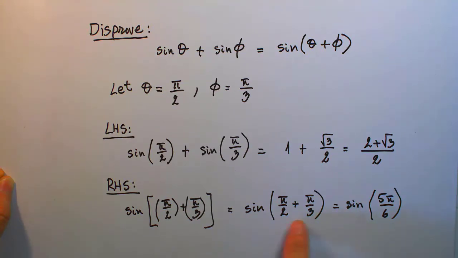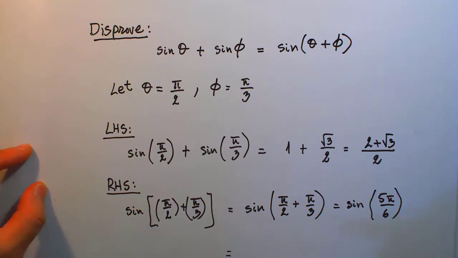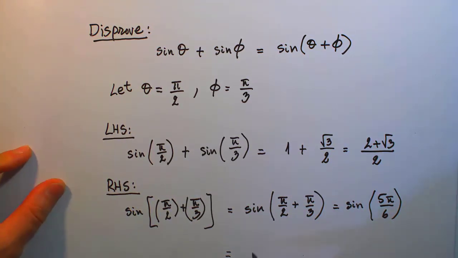Because making common denominators and adding these two terms into one fraction, pi over 2 plus pi over 3 equals 5 pi over 6. But sine of 5 pi over 6 is going to equal a positive 1/2.